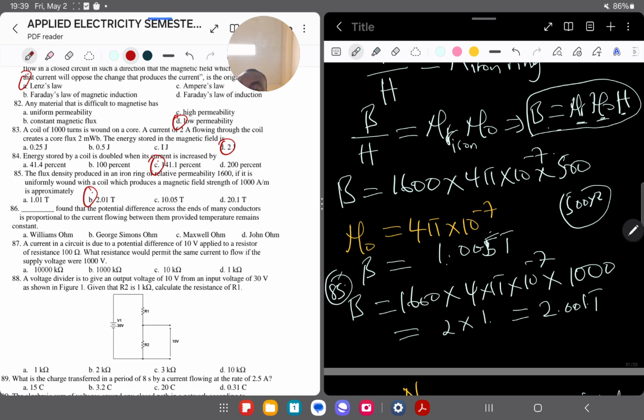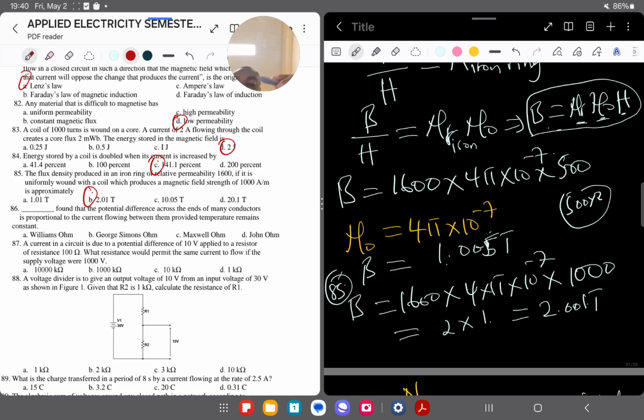Now question 86. It was found that the potential difference across the ends of many conductors is directly proportional to the current flowing through them, provided temperature remains constant. So here we are talking about who stated this law, the fact that the potential difference, referring to the voltage supply, is directly proportional to the current.